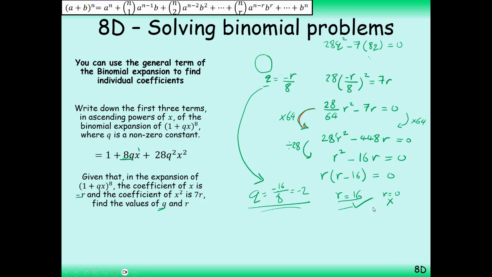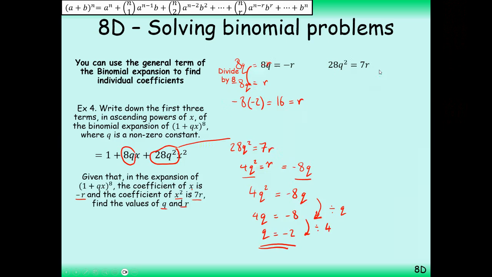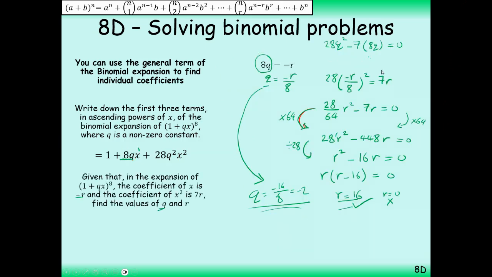Yes, r is 16, and this is another way of going through the same problem. I had it written by hand here as well. So in the end, you end up with q is minus 2 and r is not 0, r has to be 16. Okay, I hope you found this helpful. I'll see you in the next video.